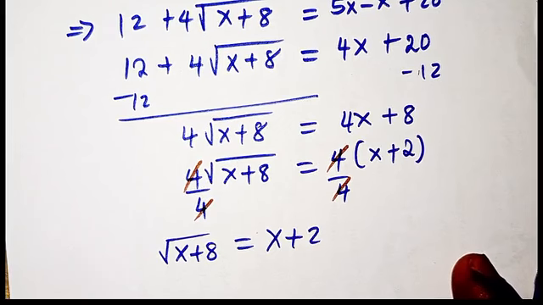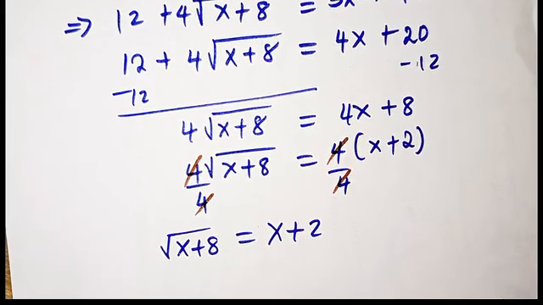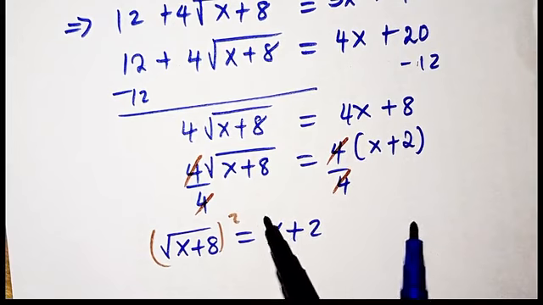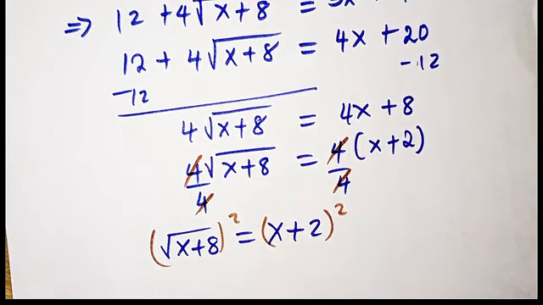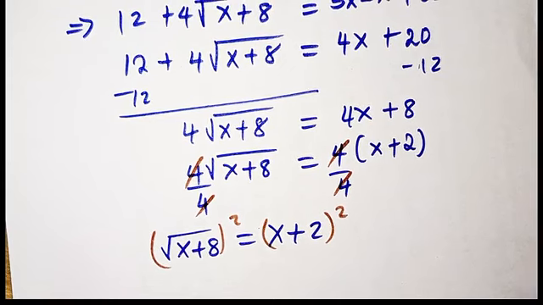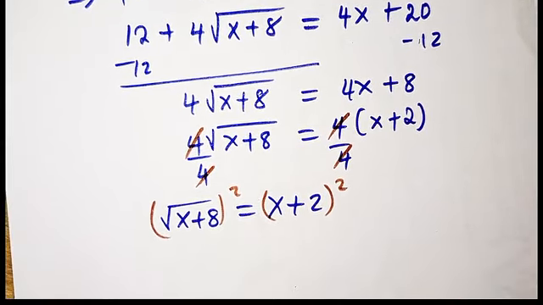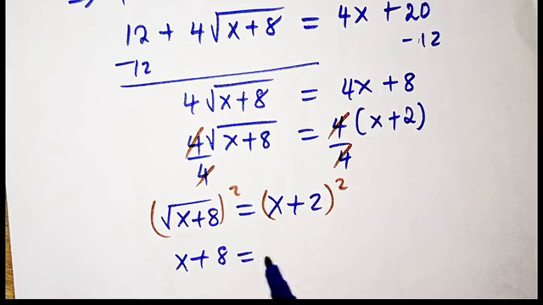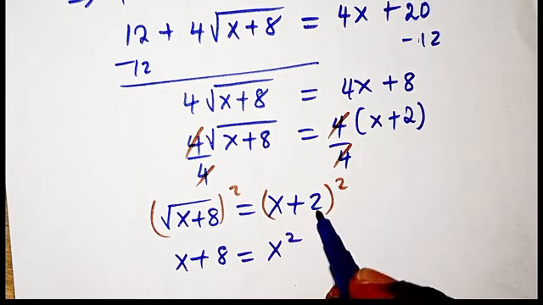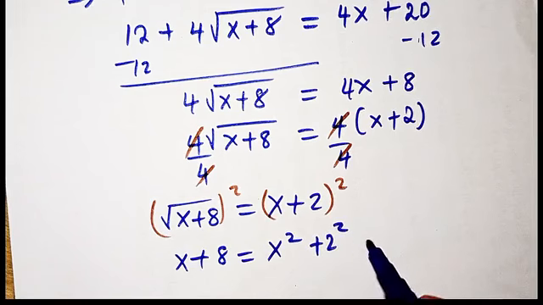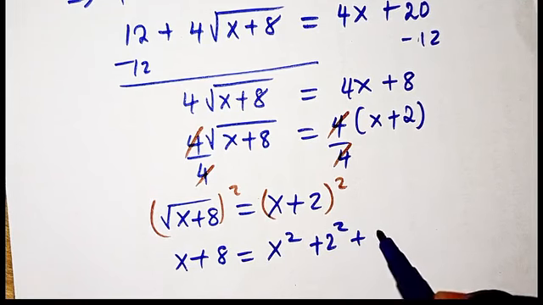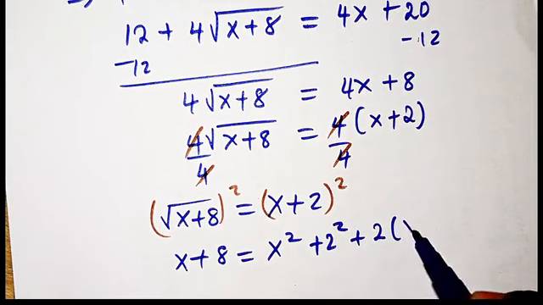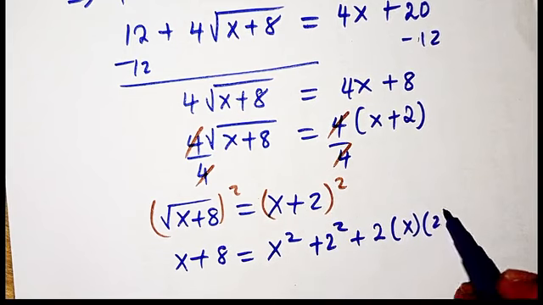So now after this, the next thing we are going to do is to square both sides again. We square both sides again because of the square roots we're having. So now from there, we're going to have this, we cancel this, we have x plus 8 equals, now the same thing we did, so this is going to be x squared, you square this also, 2 squared, then plus multiplying 2 by x multiplied by 2.